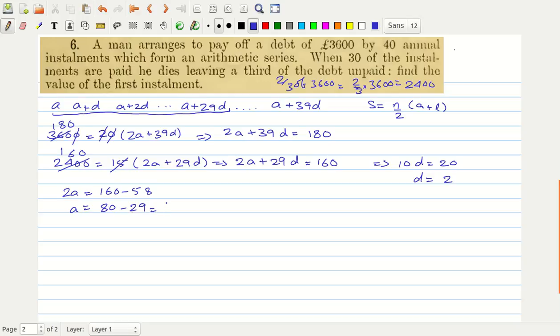This is equal to 51, right? So the installments were 51, 53, 55 and so on.